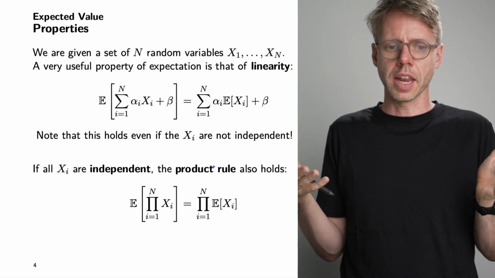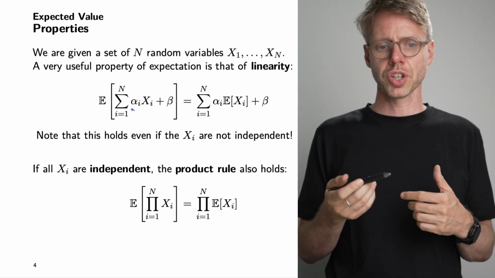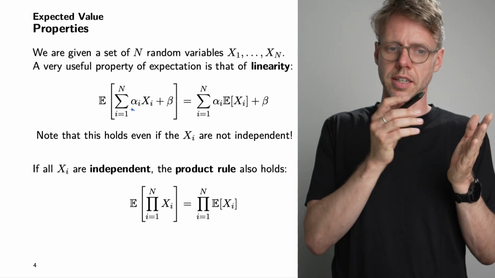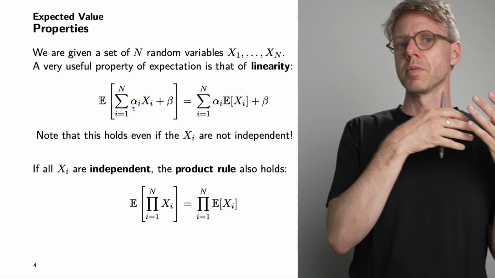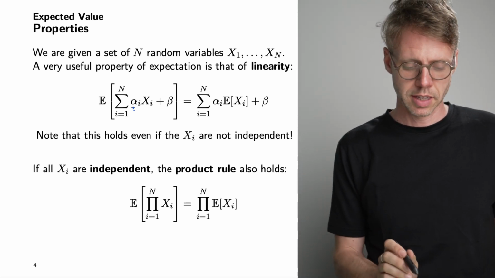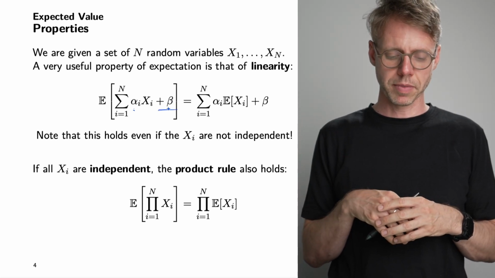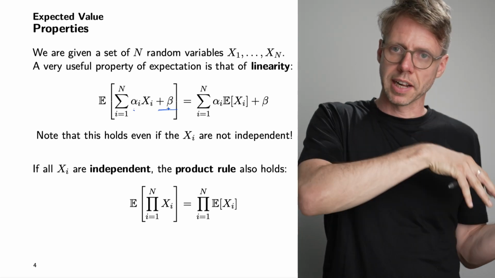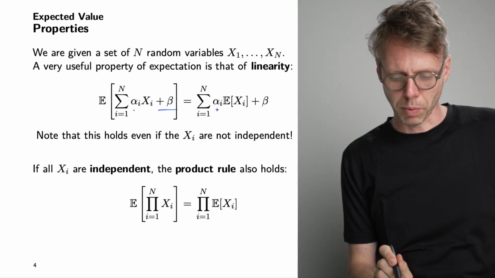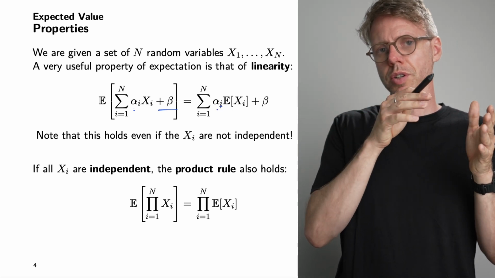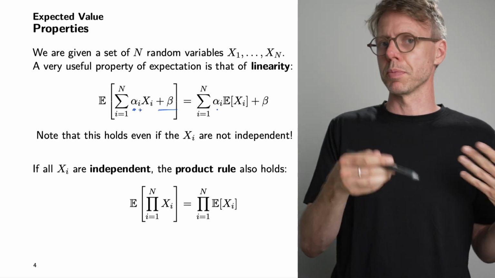Then, if we sum them all up, multiply them with some scalars alpha i, and maybe add some scalar beta to them, the expected value of the resulting random variable is given by the weighted average of the expected values of the original xi. This weighted average, obviously, is a random variable itself.